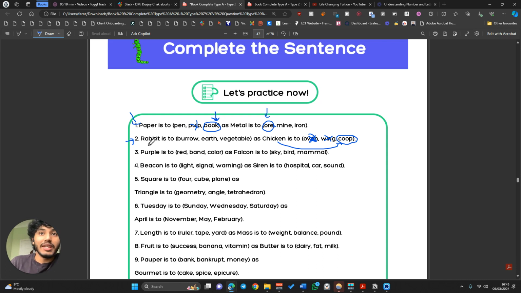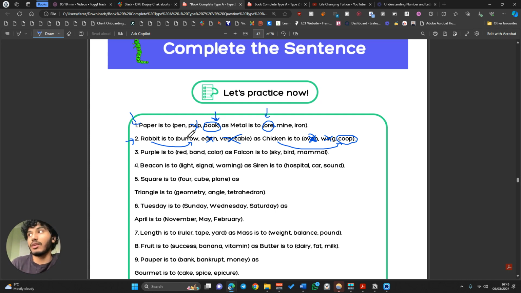So where will a rabbit stay? It won't stay in a vegetable, so we can cross that off. It won't stay in earth. It might stay on the earth, but it won't stay in the earth. The burrow, obviously I thought of it as a verb when I first looked at it, because a rabbit can burrow through and dig through holes, but a burrow can also be just a hole.